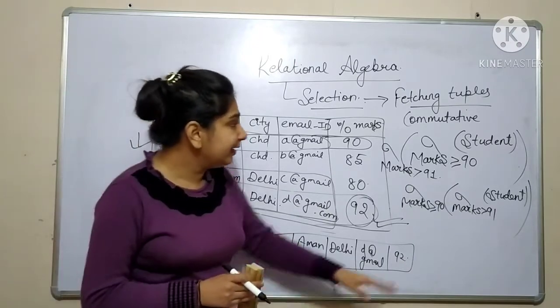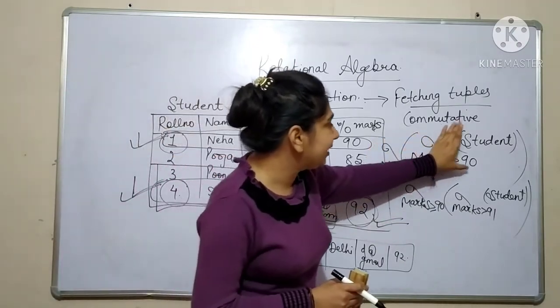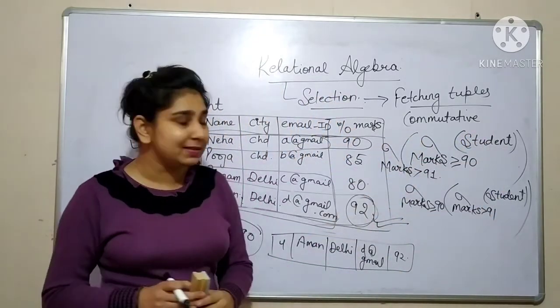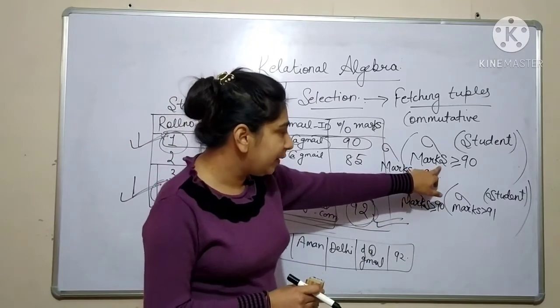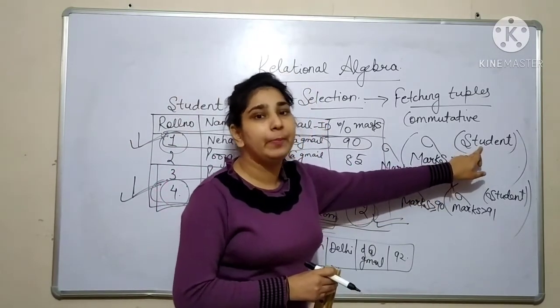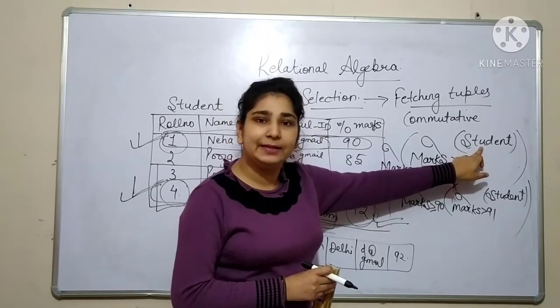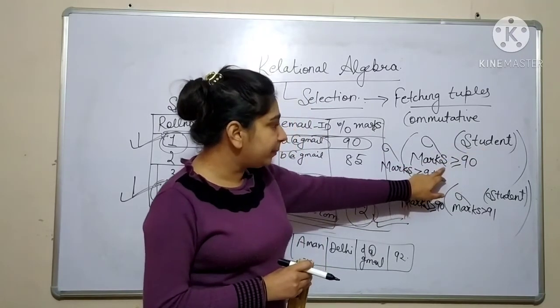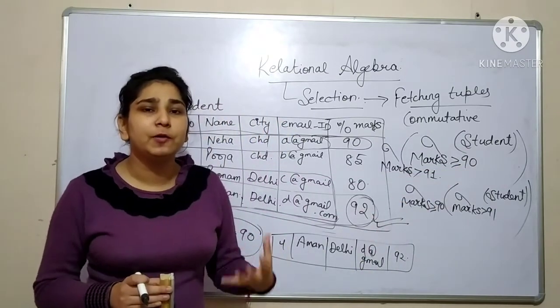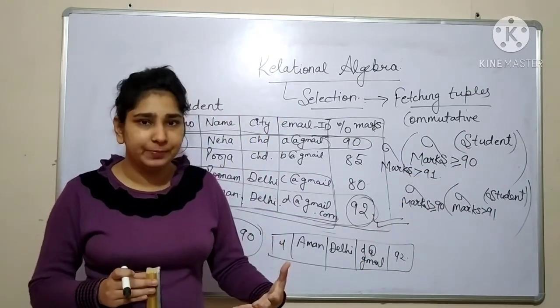Okay, and how do we perform multiple operations? If you look at this set of operations, firstly, I will be performing this selection operation on the student table, on the complete table. After performing this selection, we are fetching some number of tuples in the output.